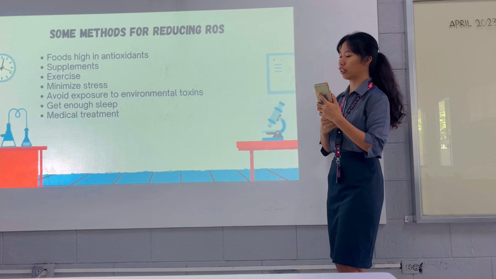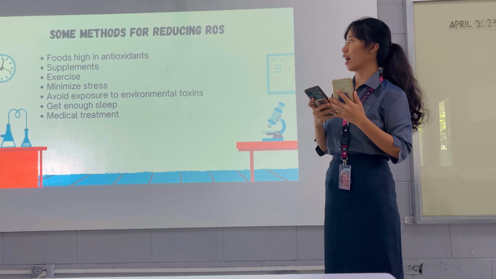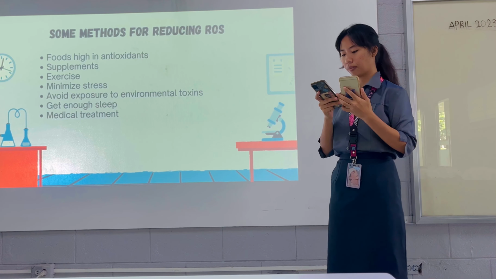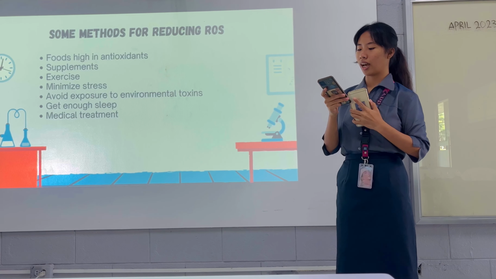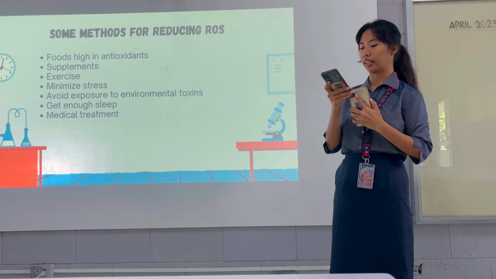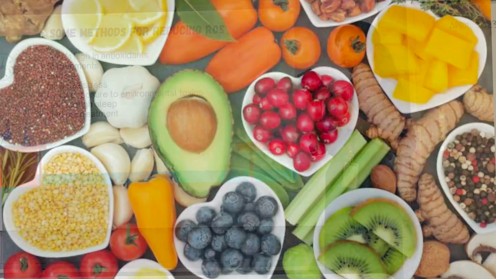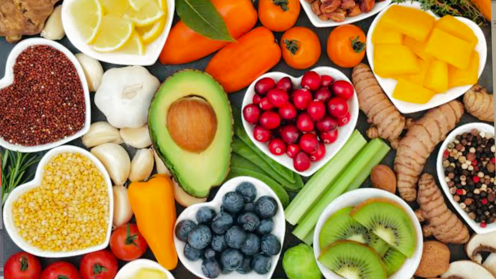Here are some methods for reducing ROS. First, we have food high in antioxidants. Consuming foods high in antioxidants can help lower ROS in the body. Foods high in antioxidants include fruits and vegetables, such as berries and leafy green vegetables.